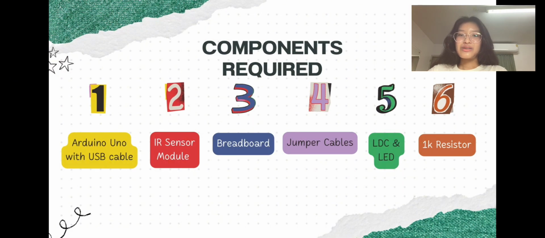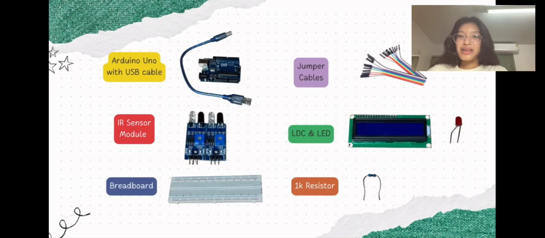The components used in this project include an Arduino Uno with a USB cable, which serves as the main microcontroller, and two IR sensor modules that detect motion to determine entering and exiting. A breadboard is used to assemble the circuit, and male-to-male jumper cables are used to connect the electrical components.